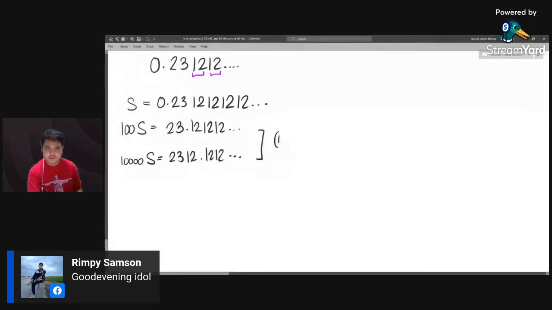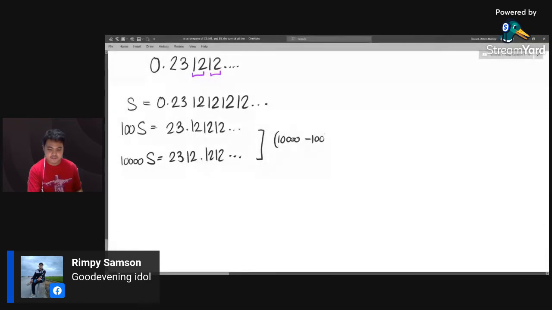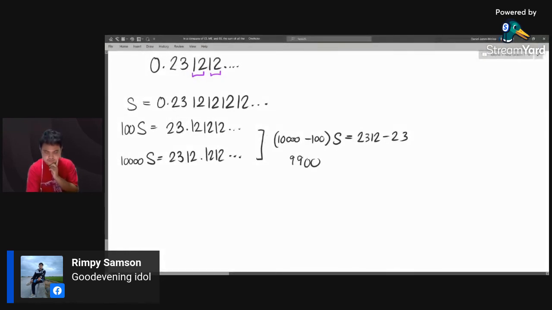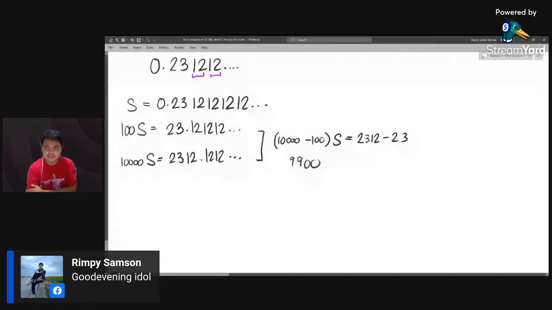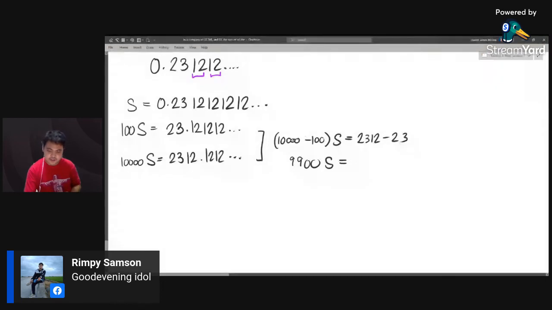So, 10,000S minus 100S is equal to, pag subtract natin, syempre, tatanggal na lahat ng decimal. So, matitira is 2312 minus 23. So, 9900S is equal to 2312 minus 23, 2289.